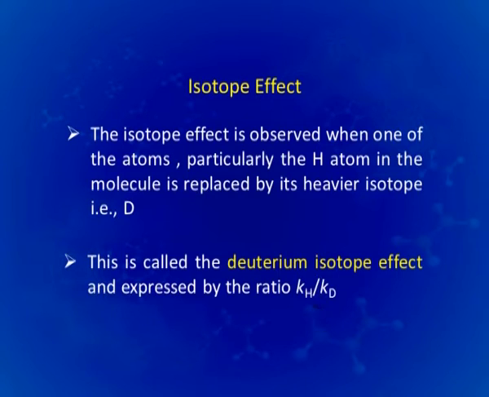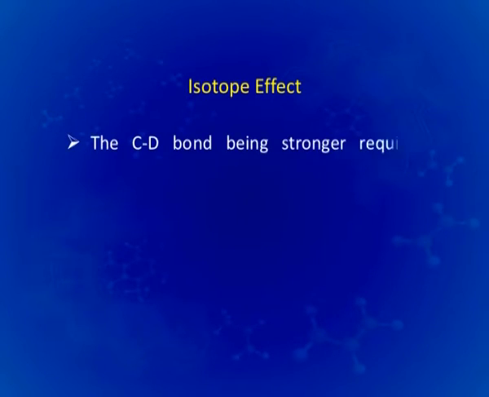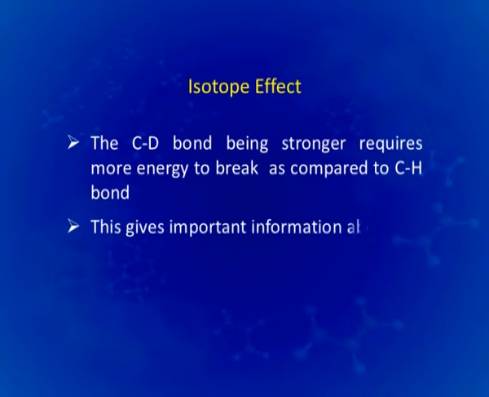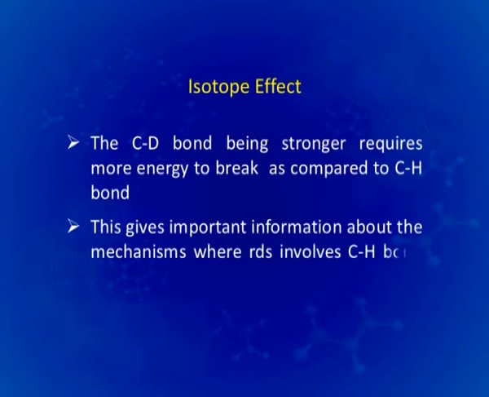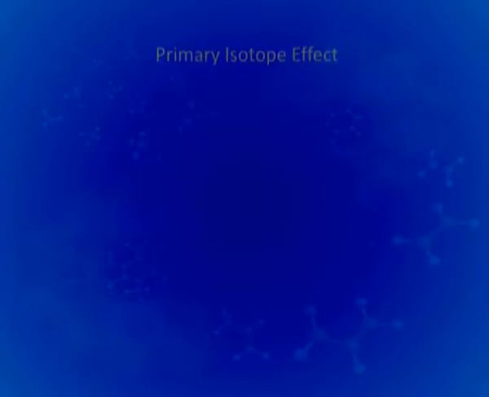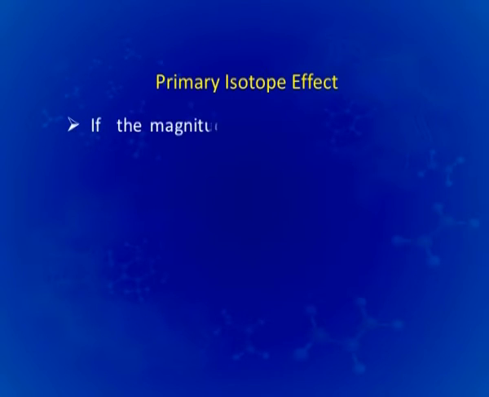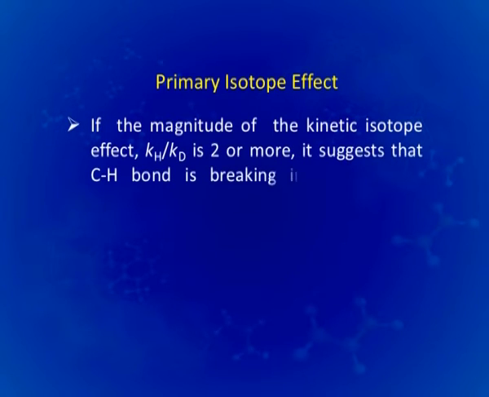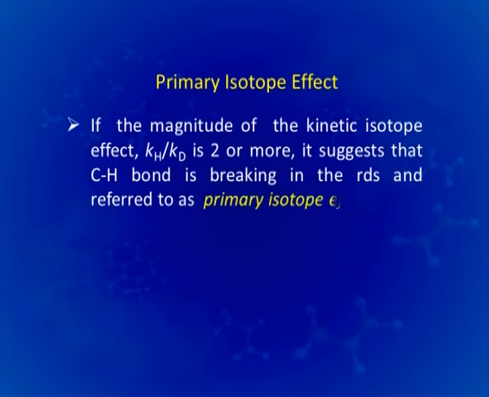The C-D bond being stronger requires more energy to break as compared to the C-H bond. And this gives important information about the mechanisms when the rate determining step involves breaking of the C-H bond. We shall see how. There are two important aspects to it. One is primary isotope effect. If the magnitude of the kinetic isotope effect, that is kH by kD, is 2 or more, it suggests that the C-H bond is breaking in the rate determining step and is referred to as the primary isotope effect.